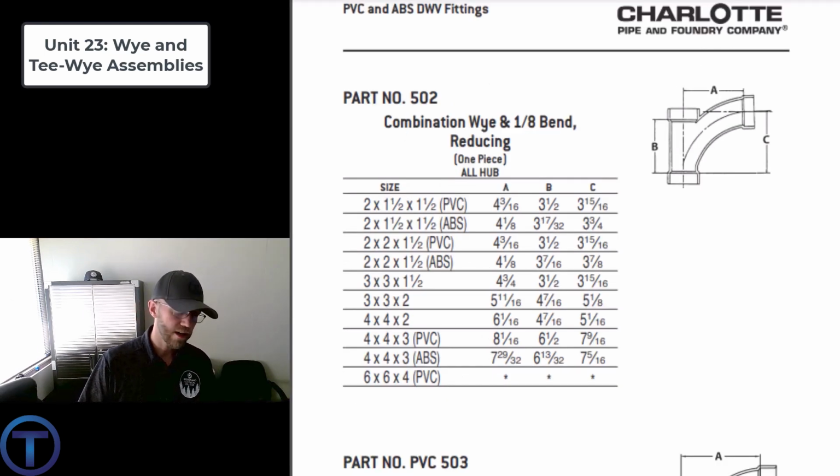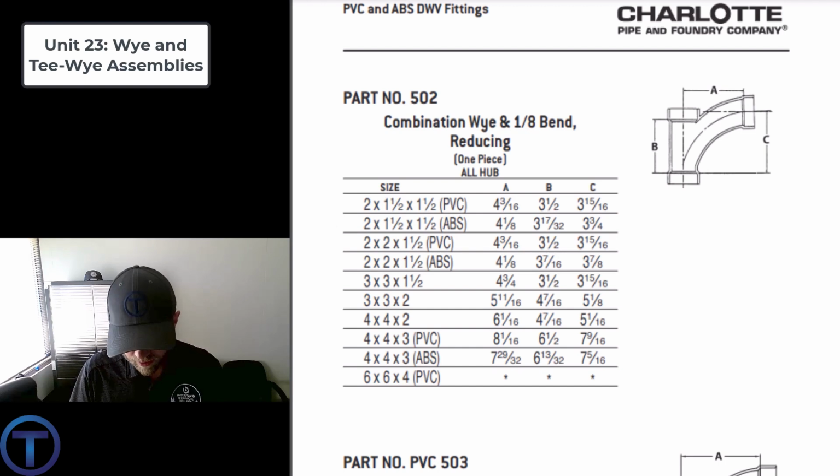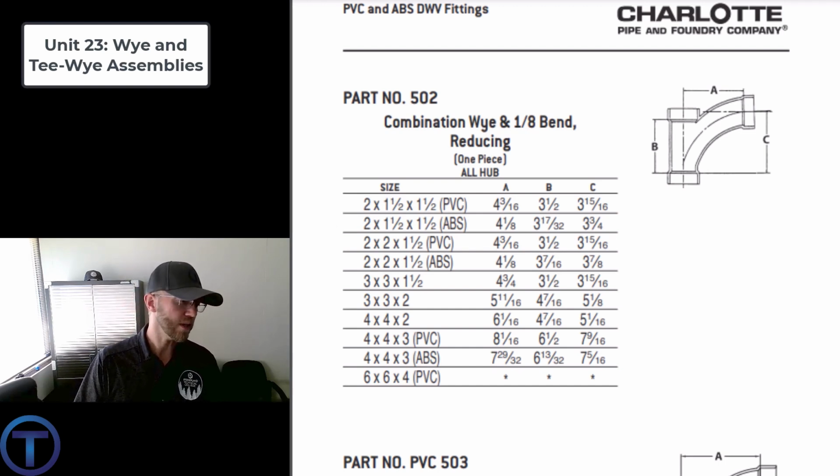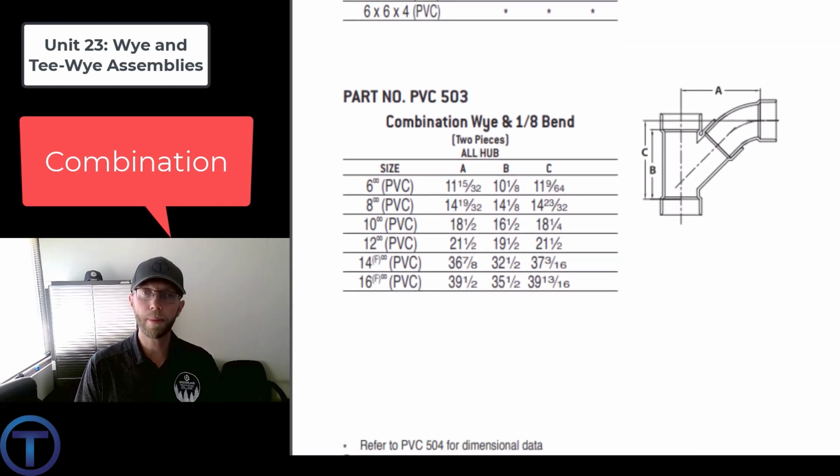Let's have a look at another fitting on page 50 of the same catalog. It's a similar fitting to what you see in Unit 23, but Unit 23 is calling it a long Tee-Wye. We don't call it a long Tee-Wye, we call it a combination fitting. Combination Y and eighth bend. You can see it on the bottom half of this page.